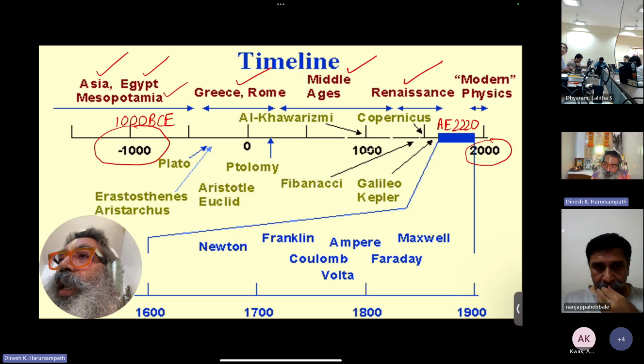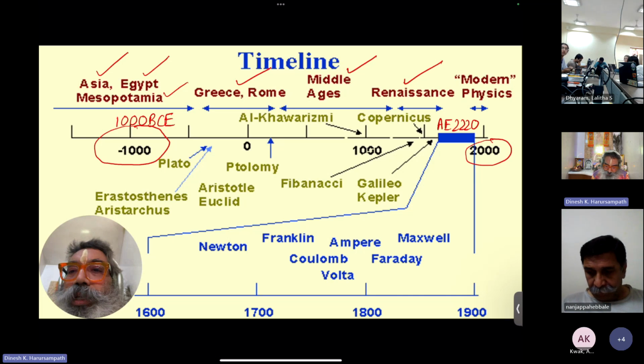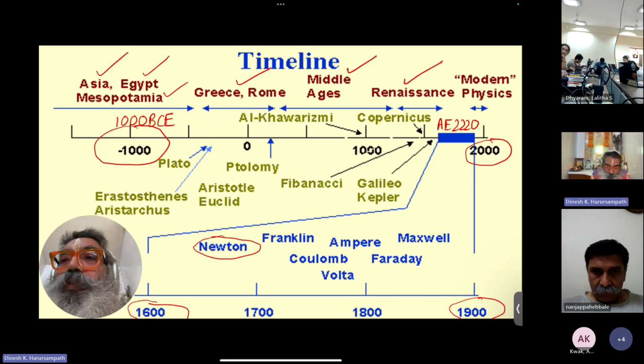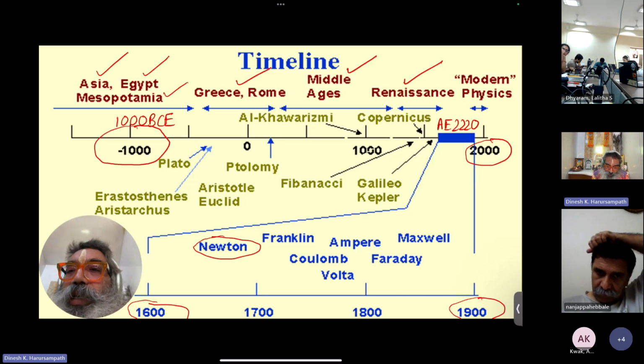Okay, so AE2220 is essentially going to be focusing on just about 100 years, or at the most 300 plus years from the 17th century all the way up to the 20th century, which is when Newton came up with his laws of motion, which were a part of the Principia in 1687.